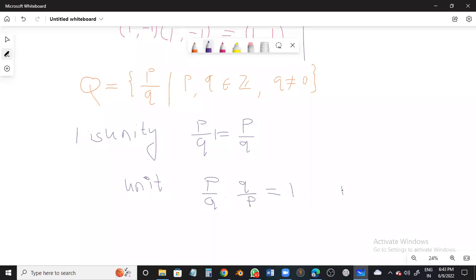Yes, the condition is P must be non-zero. And P being non-zero means that this P by Q has inverse Q by P. So every non-zero rational number has an inverse. So every non-zero rational will be a unit element. Followed it? Every non-zero rational is a unit element.